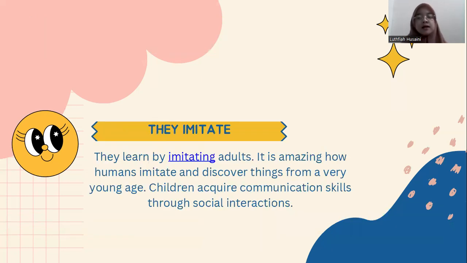So the last characteristic here is they imitate. They learn by imitating adults. It's amazing how humans imitate and discover things from a very young age. Children acquire communication skills through social interaction. So young learners very much like to imitate others. If we do something, they will follow us.